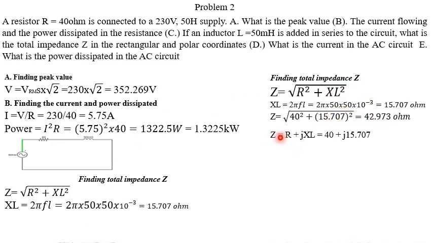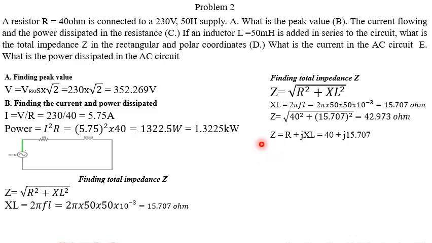To convert it to polar coordinates, the rectangular form is R plus jXL. This is what you have to keep in mind: whenever you are calculating a question, the resistance is always the real, or X, component.